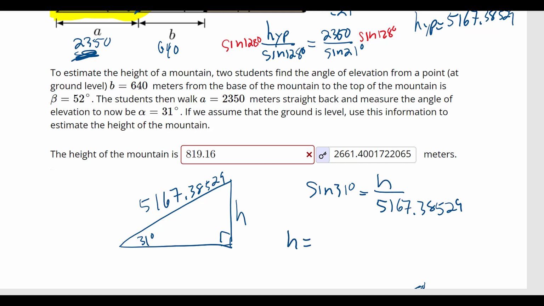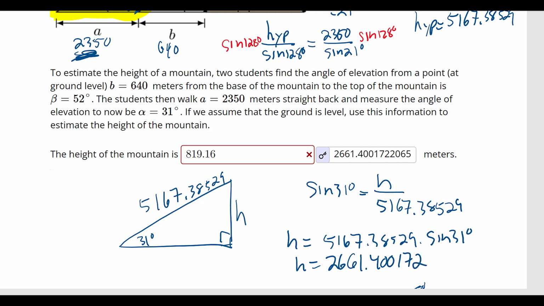So our h would be 5167.38529 times sine of 31 degrees. I'm just going to keep that stored value in my calculator and multiply that by sine of 31. I come up with 2661.400172. They took it further than I did, but that's the correct answer.